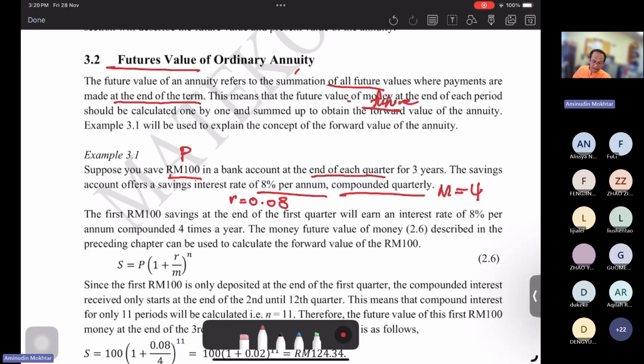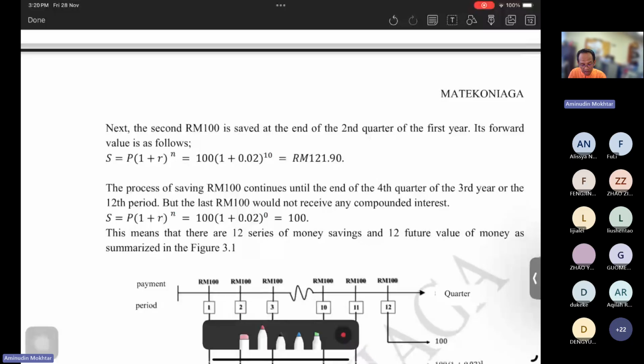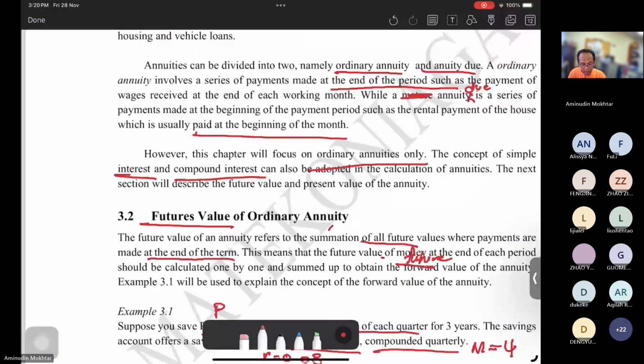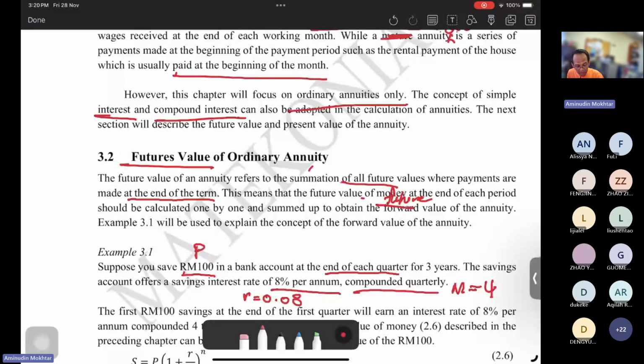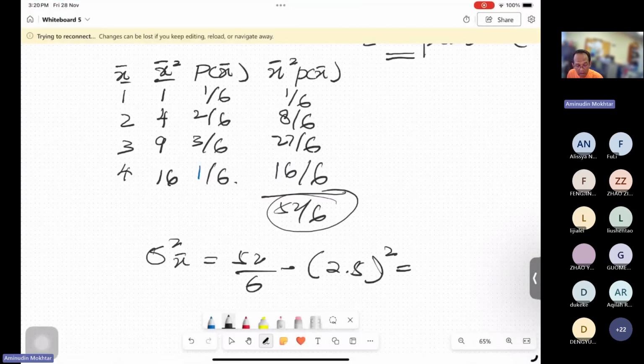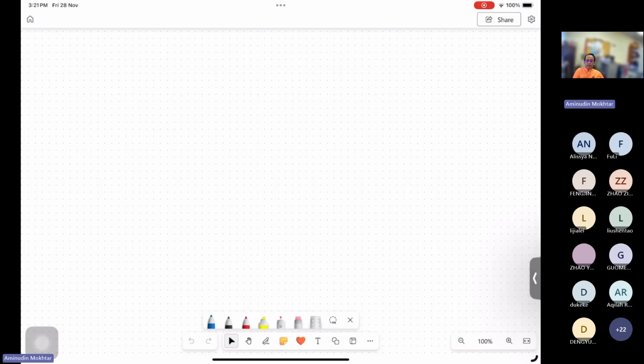Before I explain this graph, let's say for example 3.1, you have 100 ringgit.